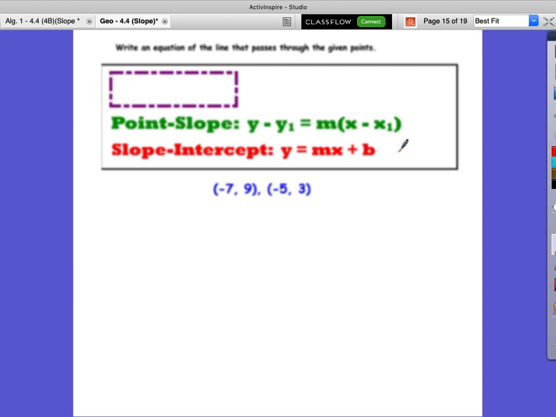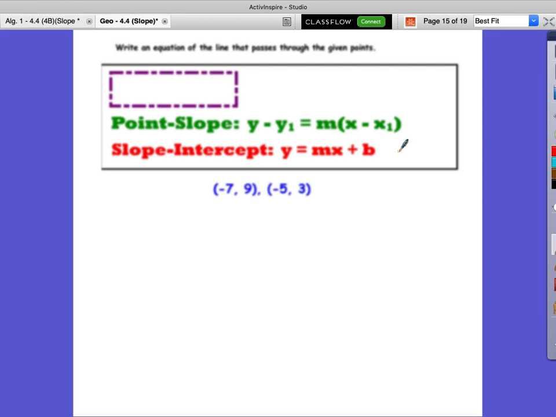So if it's m, going back to this, how do we find slope? Go back to here. We literally did it. y2 minus y1, subtract the y's, subtract the x's, right? That's what it has to do.